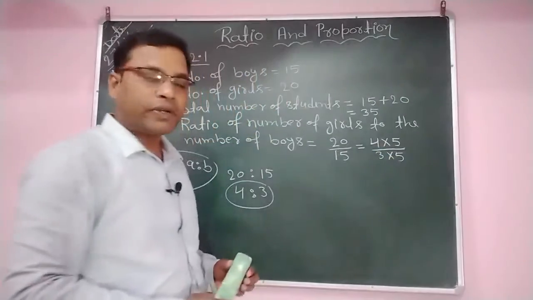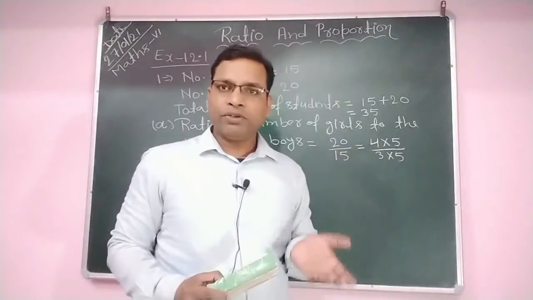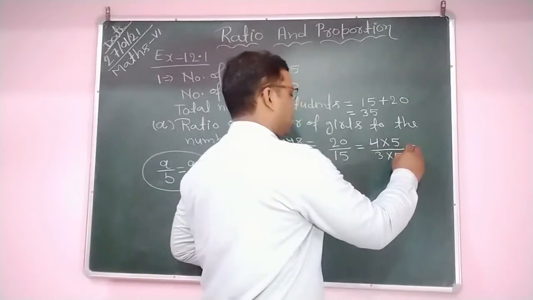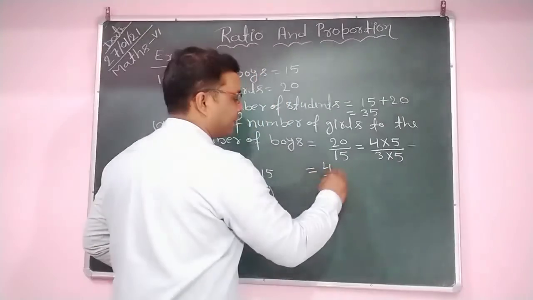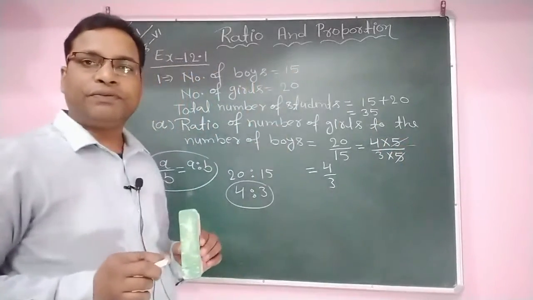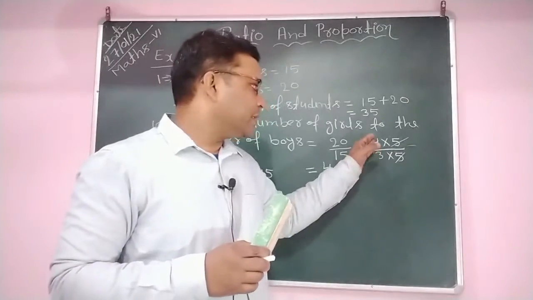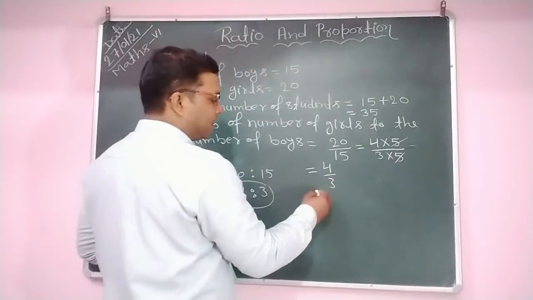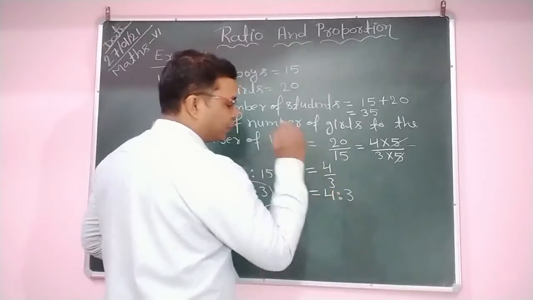Now you can see that in both numerator and denominator 5 is common, so it will be cancelled automatically, as you know very well. So here we can cancel it and we get 4 by 3, or you can say the required ratio of girls to boys is 4:3.